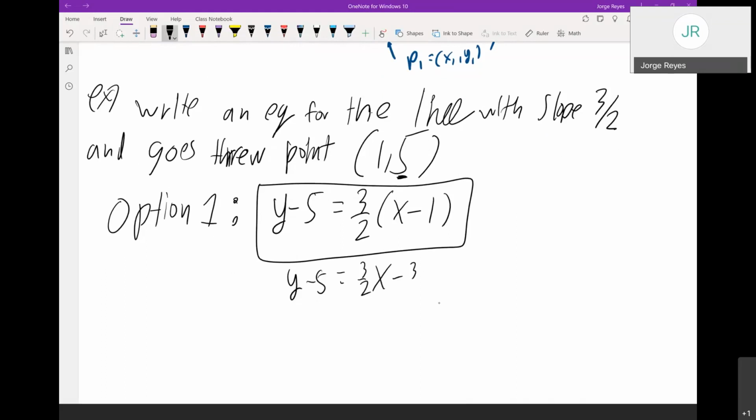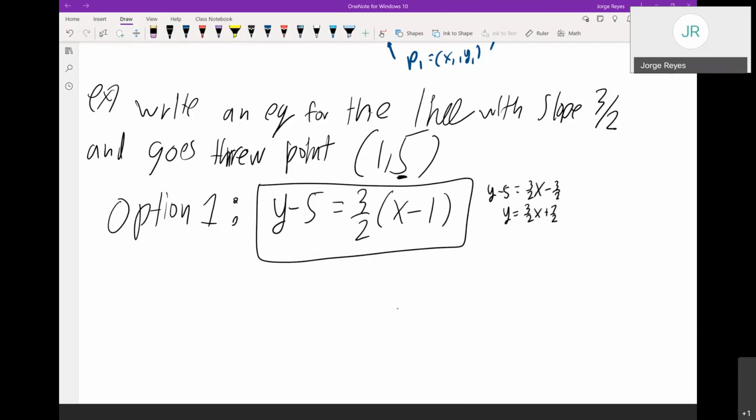So 3 over 2 x, and then add the 5, so that'd be plus 7 over 2. Okay, so a little more work if you're forced to put it in slope-intercept form. But if you're not, then it's pretty nice.